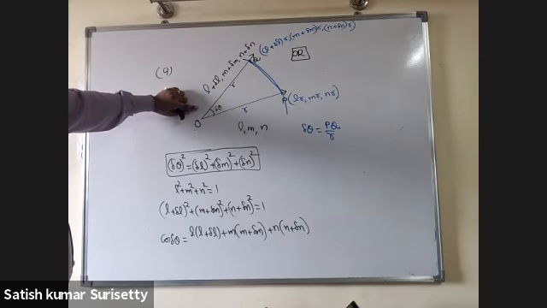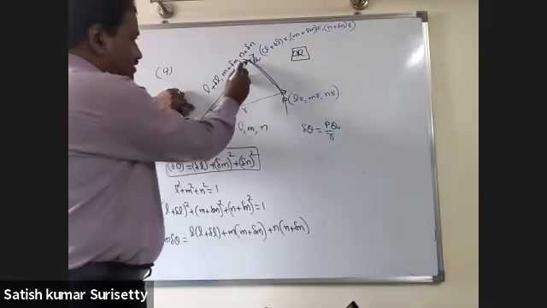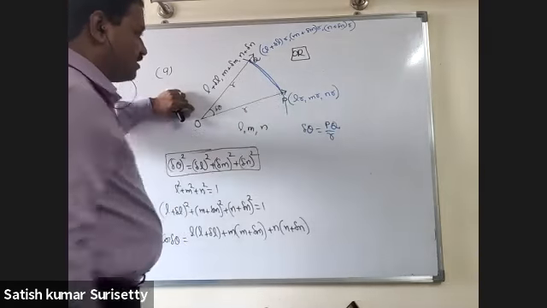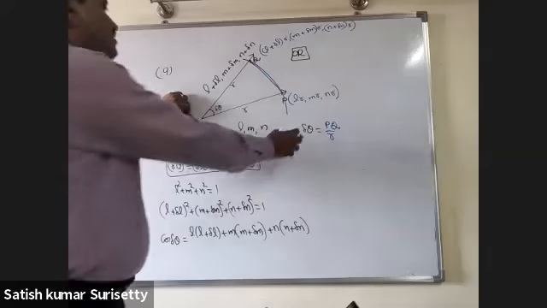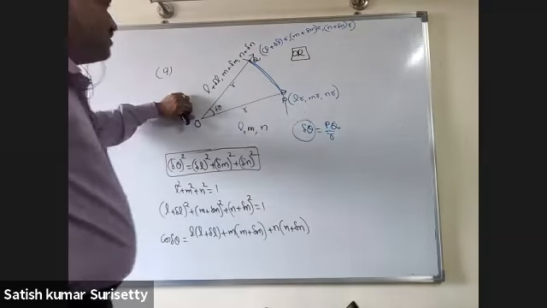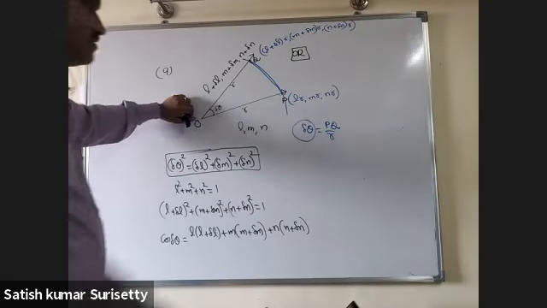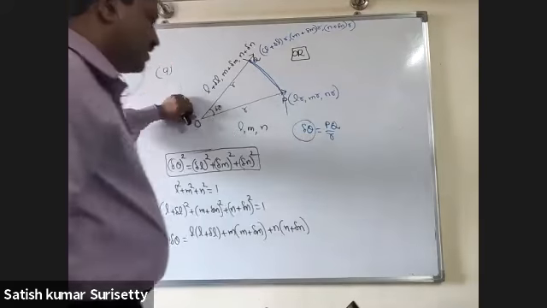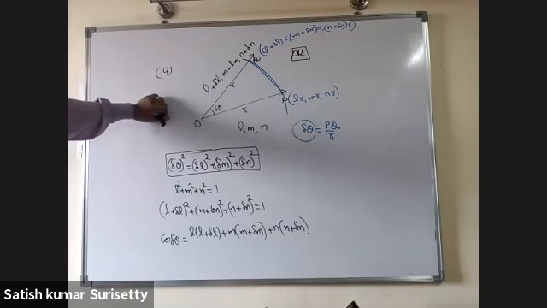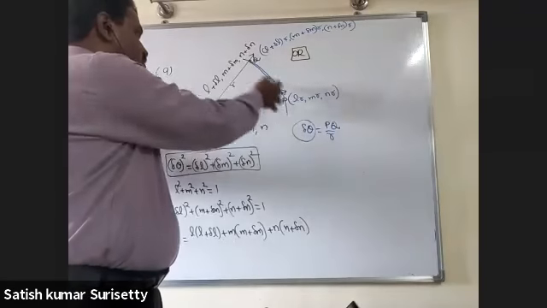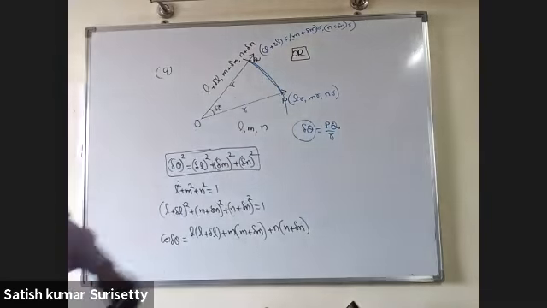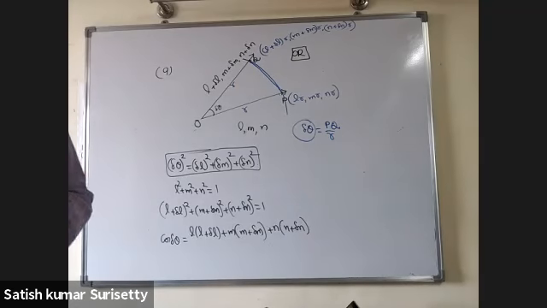Now, when the angle is so small, the length of the arc will be the same as the length of the chord. So length of arc equals r into theta, that is delta theta equals PQ upon r. Calculate the distance between the two points P and Q and check whether we get this result or not. Yes, sir.